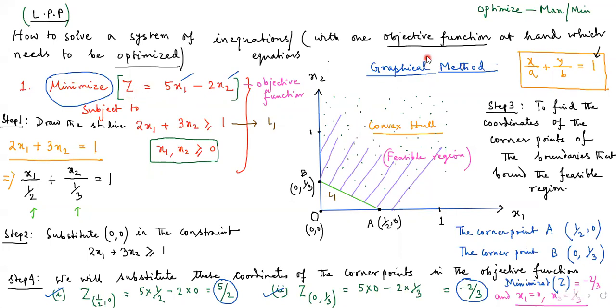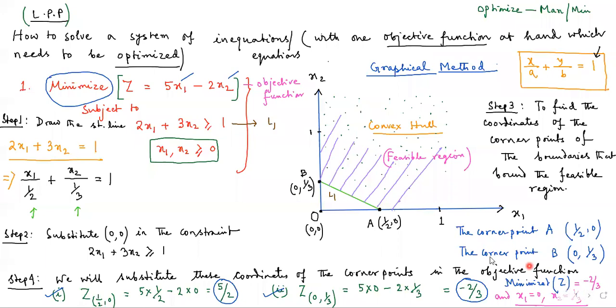Now someone takes a point from here, he will get some value which will be greater than the previous one. If someone takes the point here, he will get a value for the objective function which will be greater than the previous two values, and so on. And we can always take points from here and there because there is no boundary on the upper end. It is unbounded, it is open.